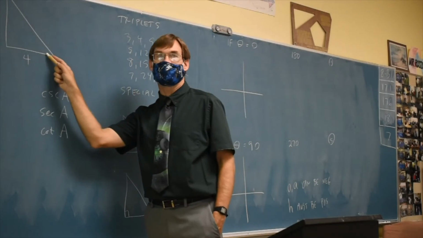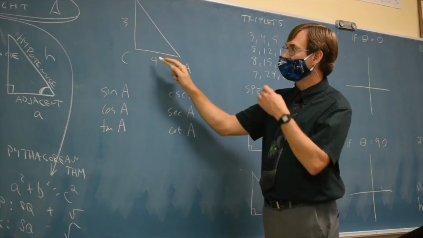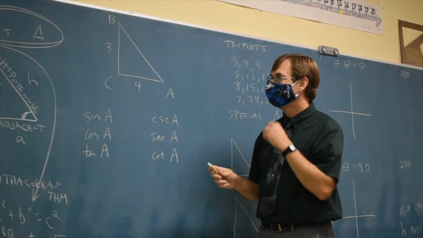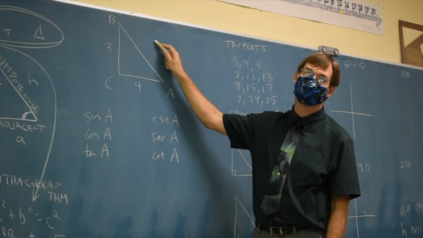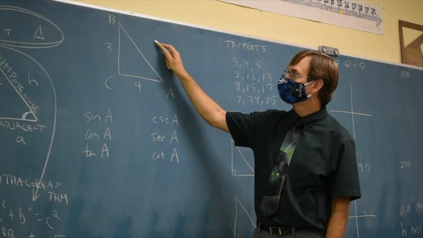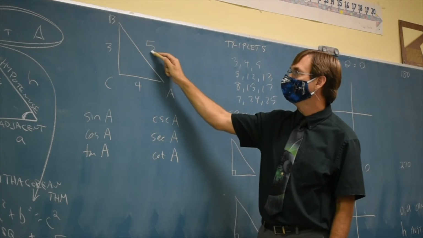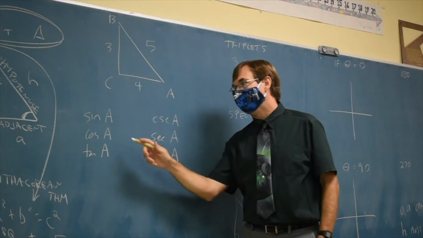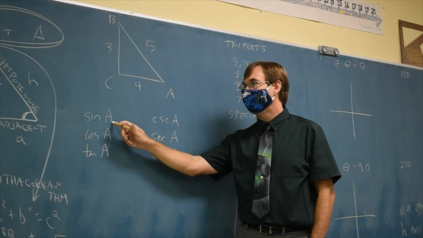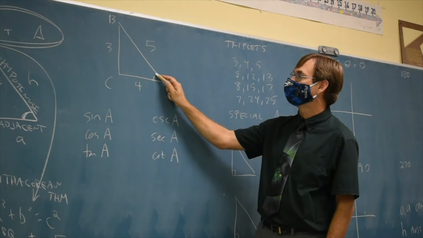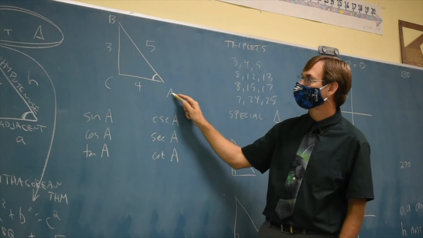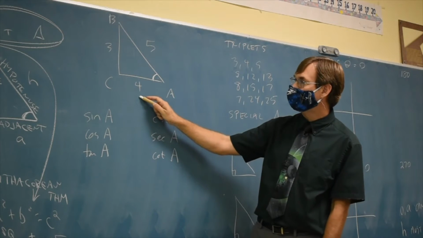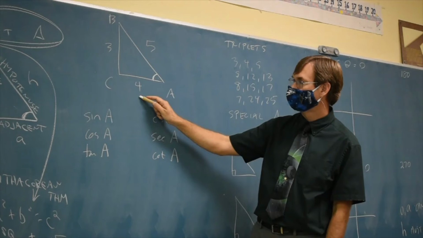So here's a partially drawn right triangle. I threw you the legs at 3 and 4. So based on the discussion we just had, you could throw me back a hypotenuse of 5. And then I'm going to pick an angle. I picked the angle A. So if this is my home base, the angle at A's corner, is this side the opposite or the adjacent?